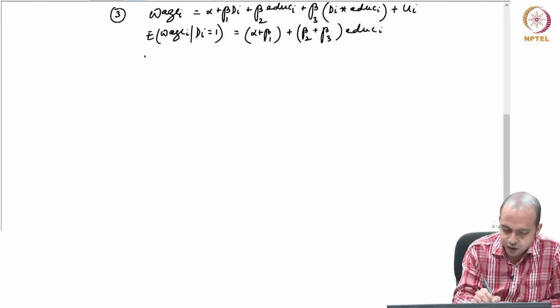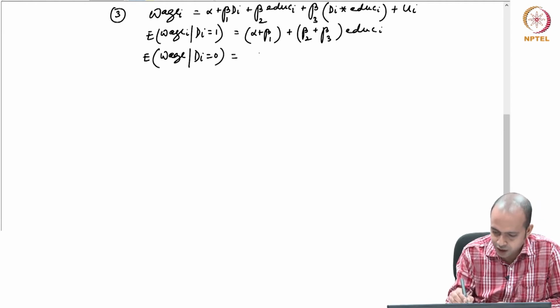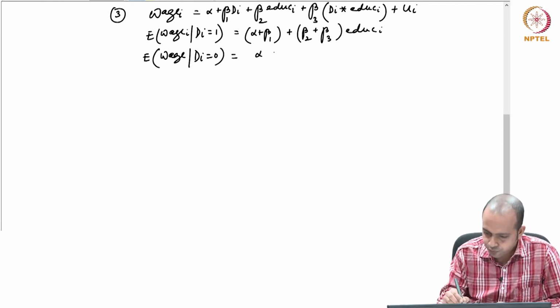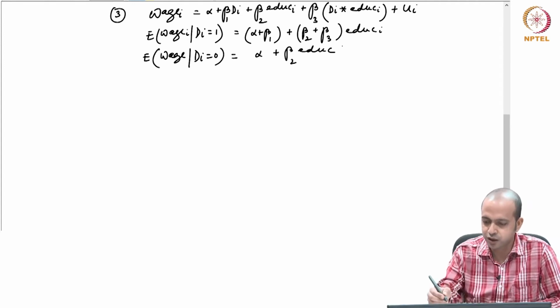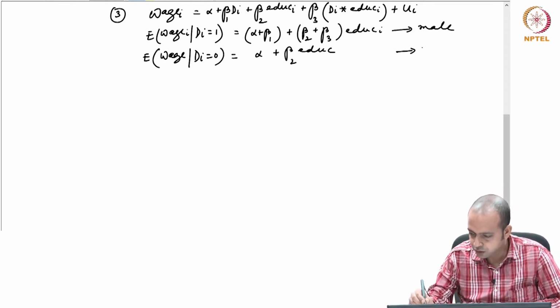And if you take the expectation of wage given di equals 0, what will you get? You will get alpha plus beta 2 education, and that means this is male and this is for female.